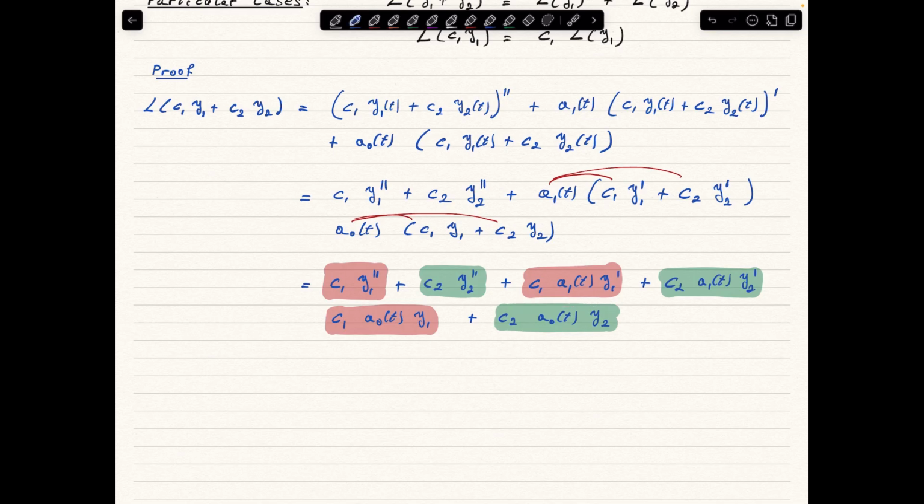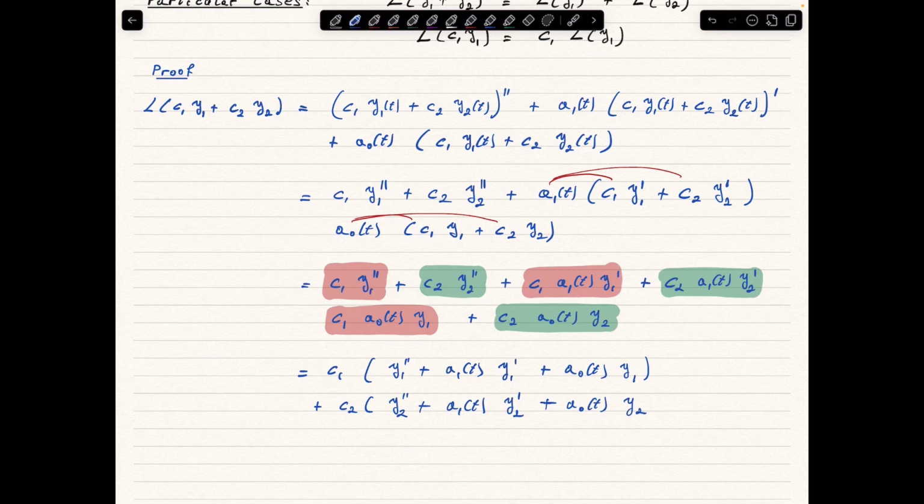So if we do that, we are going to have that c1 multiplies y1 double prime plus a1 of t y1 prime plus a0 of t y1, and then plus c2 that multiplies y2 double prime plus a1 of t y2 prime plus a0 of t y2, isn't it?